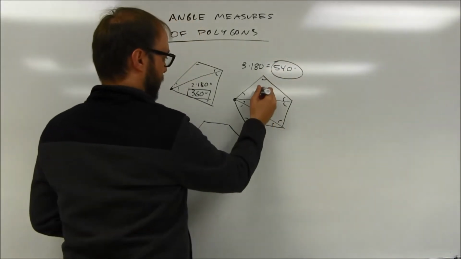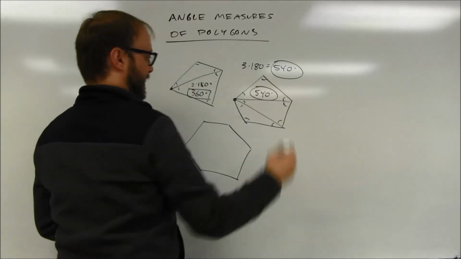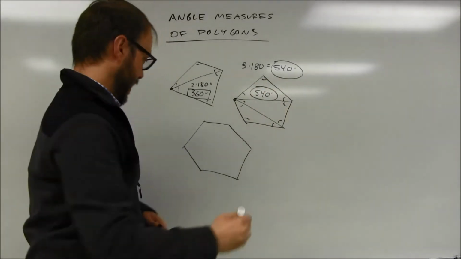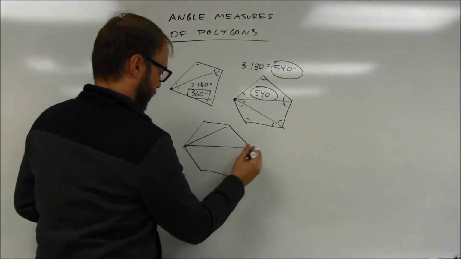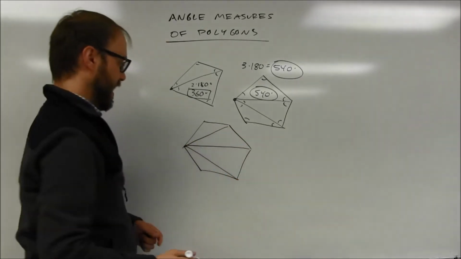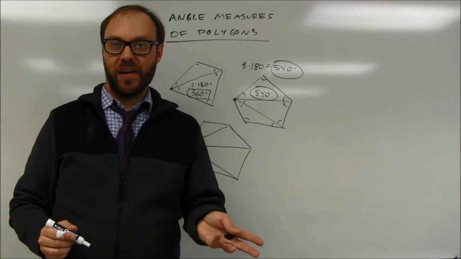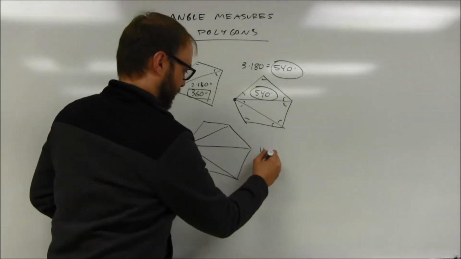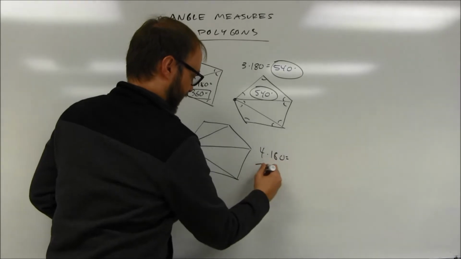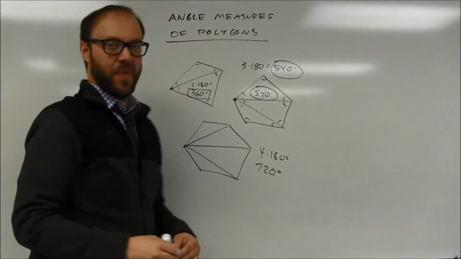That is the angle sum for a pentagon. For a hexagon, I can take one vertex and I can draw diagonals to break this up into triangles, okay? 6 sides breaks up into 4 triangles, okay? 4 times 180 degrees is equal to 720 degrees, okay?